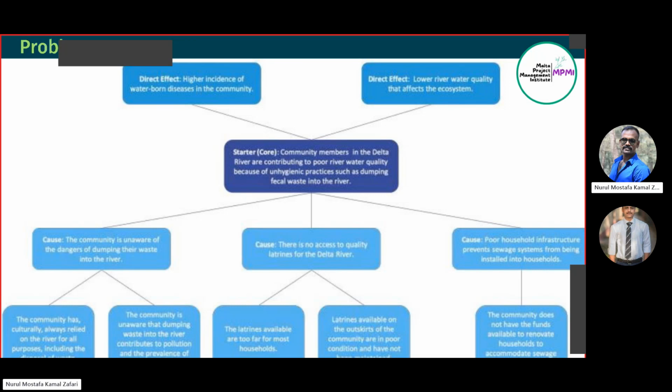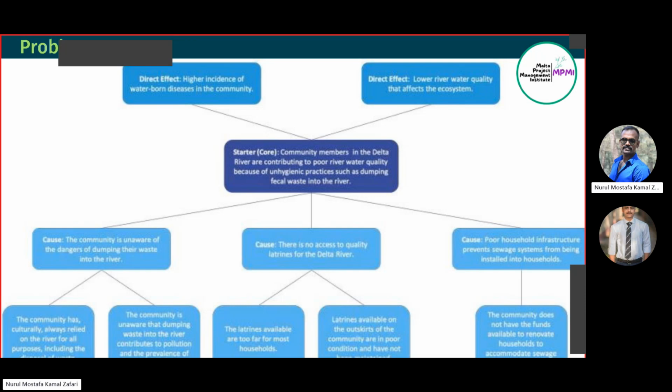So this is one of the core problems of the Delta River community. Now, let us find smaller problems that are contributing to this problem.